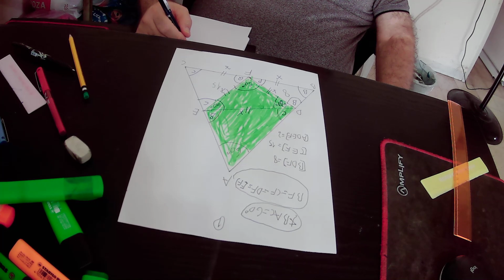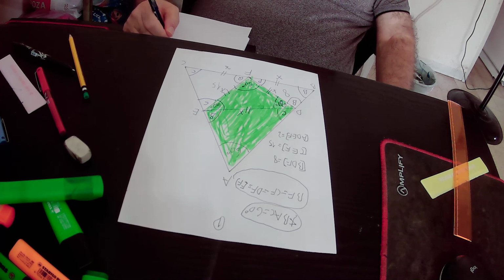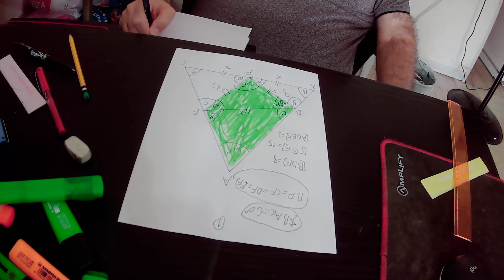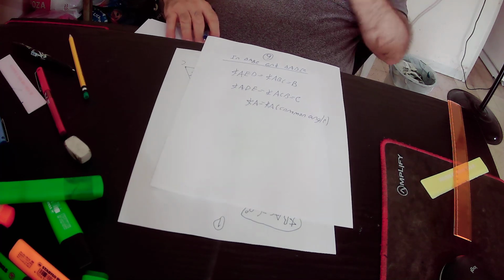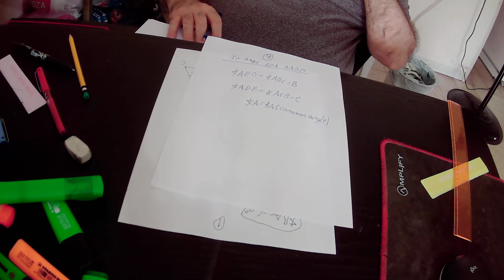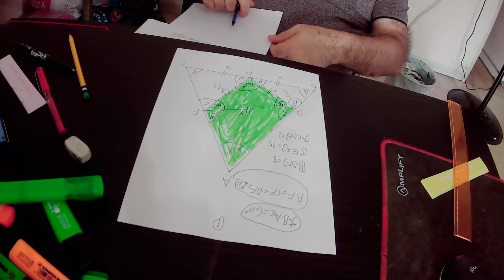So we can write down that angle A equals angle A. It is a common angle because it belongs to both triangles. So we actually proved that all the angles of triangle ABC are equal to all the angles of triangle ADE.